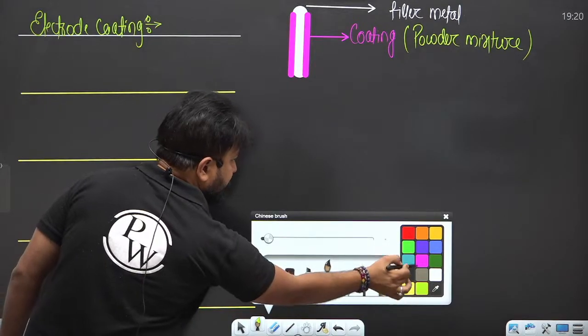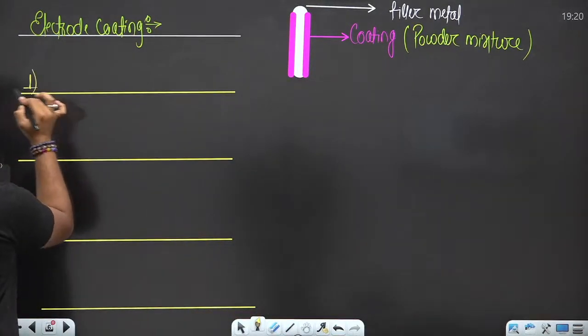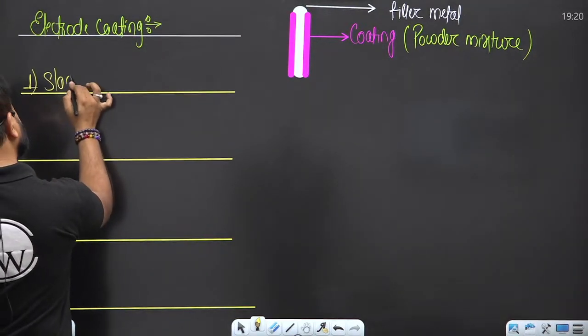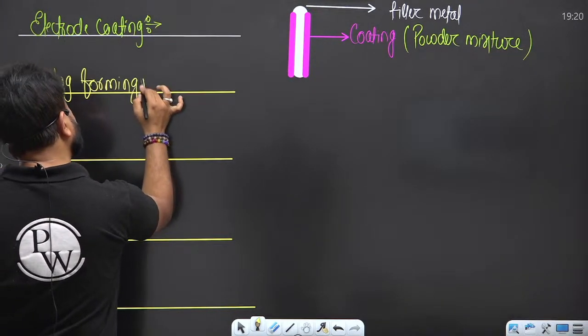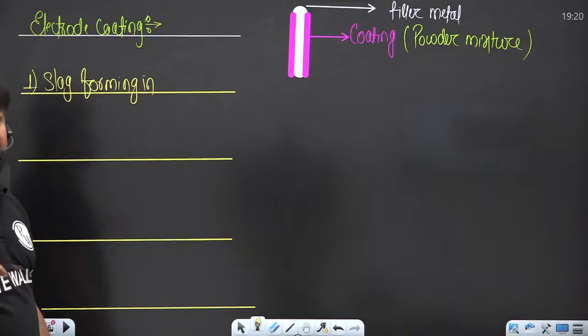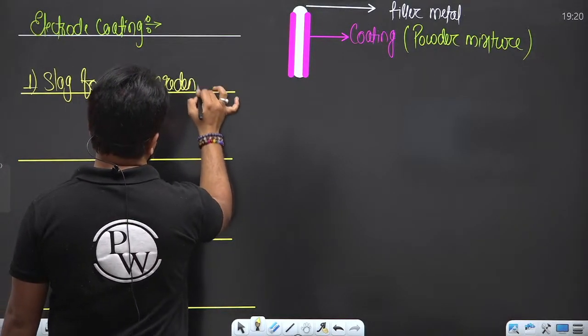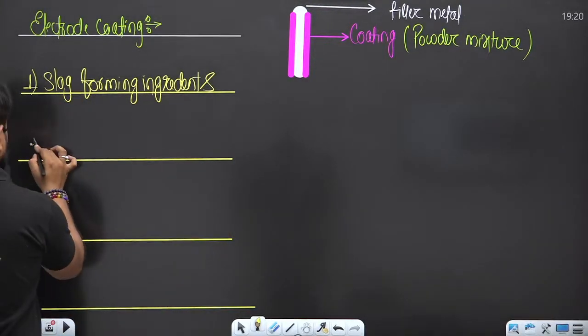Number one is the slag forming ingredient.